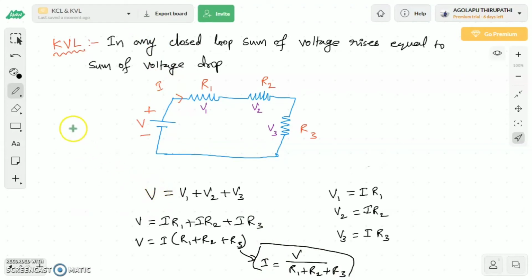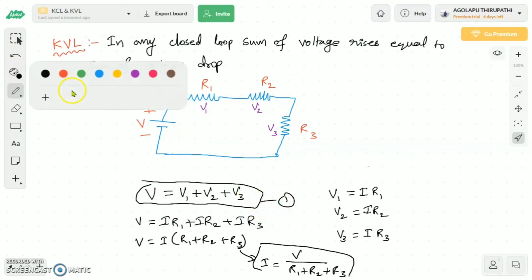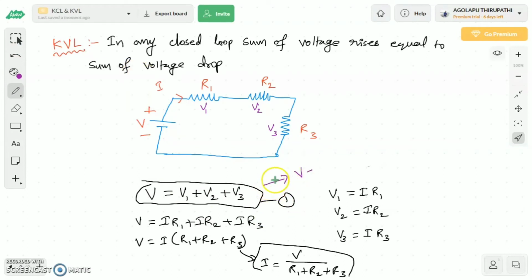So next from this equation, if I take this equation as 1, from this equation I can write like this, V minus, so I am sending all RHS side elements to LHS side. So therefore V minus V1 minus V2 minus V3 is equal to 0.